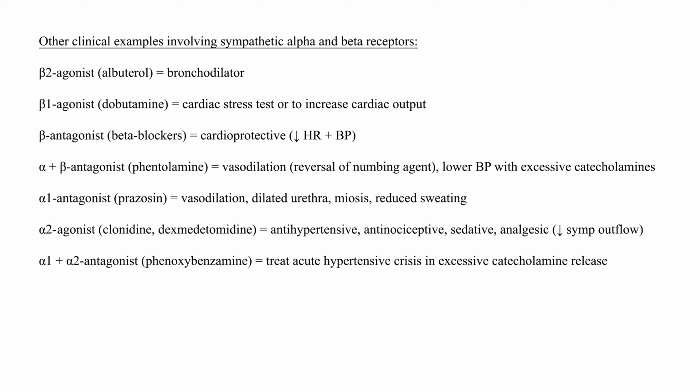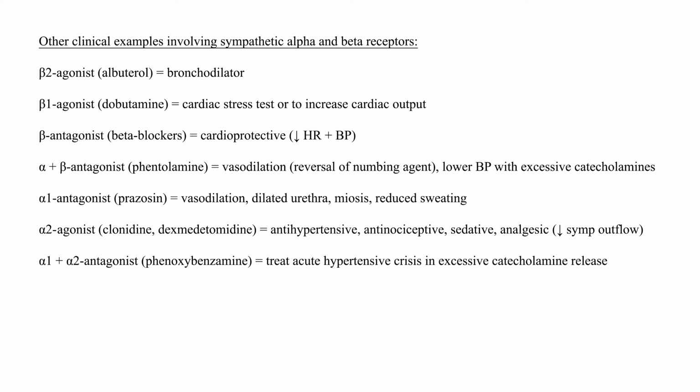You've probably seen that in a numbing agent, you typically put in epinephrine, and what this does is vasoconstrict the vessels so that they don't wash out the numbing agent. When you put epinephrine in, it makes the numbing agent, like lidocaine or whatever you're using, last longer in the tissue. Obviously, you shouldn't use epinephrine in the tips of things, like the tip of a finger or during a circumcision, because it can make the tip become ischemic and die and fall off.